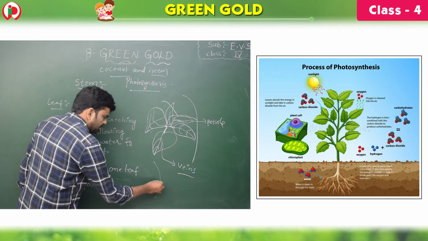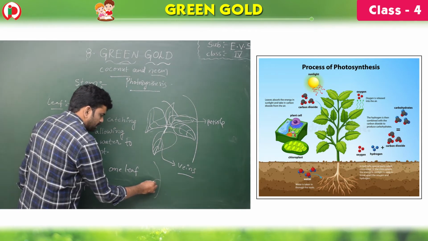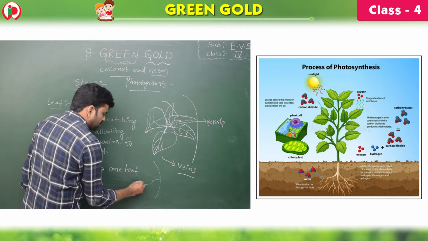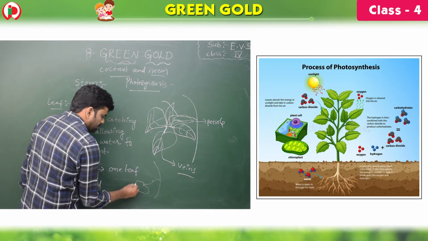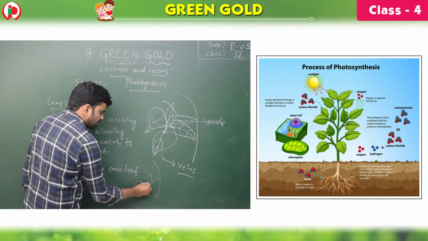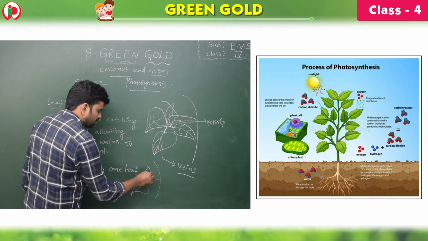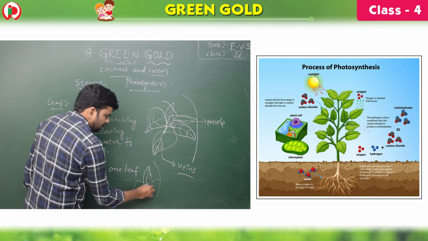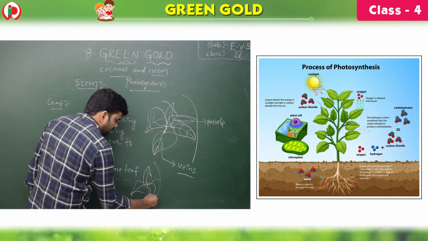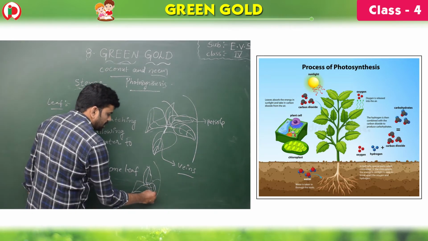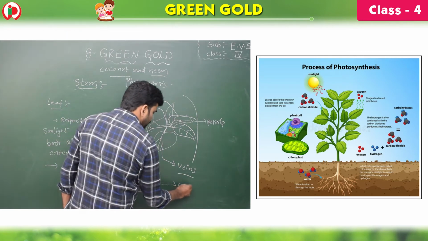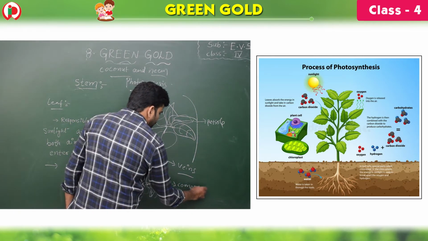Here see, this is only one petiole, children, and sometimes 3 or even 4 leaves are also connected to the single petiole. Then this is called a compound leaf.